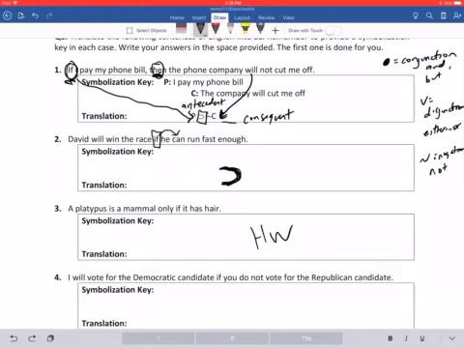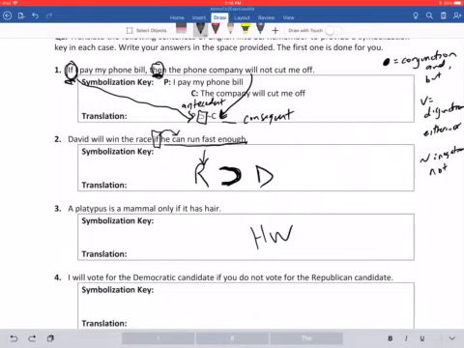So if he can run fast enough, we'll put that as R, then David will win the race, okay? So even though the if comes later in the English sentence, whatever comes after the if is always going to be the antecedent of the conditional. It means it's always going to go to the left of the horseshoe.